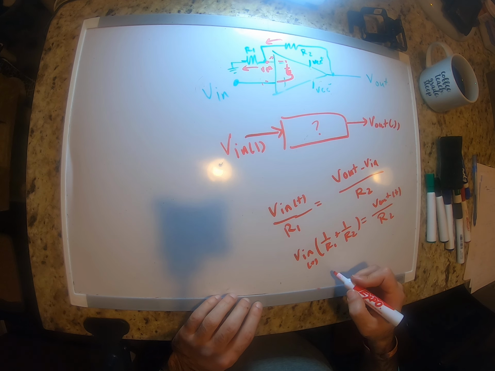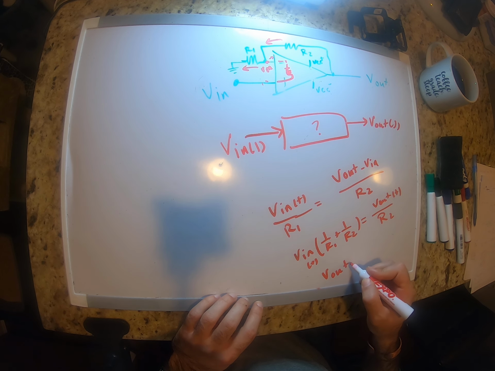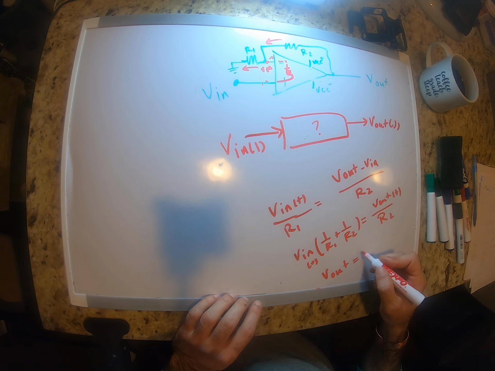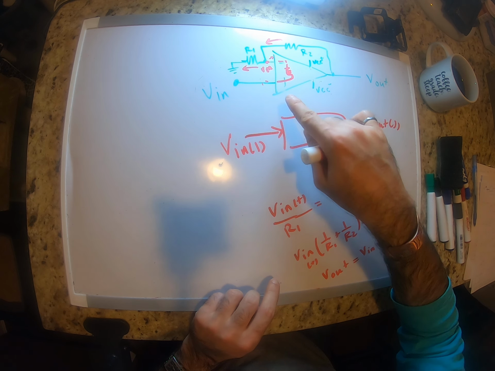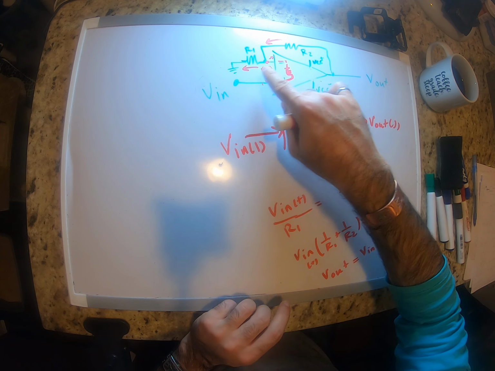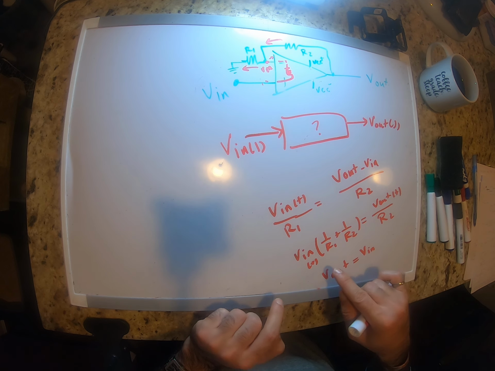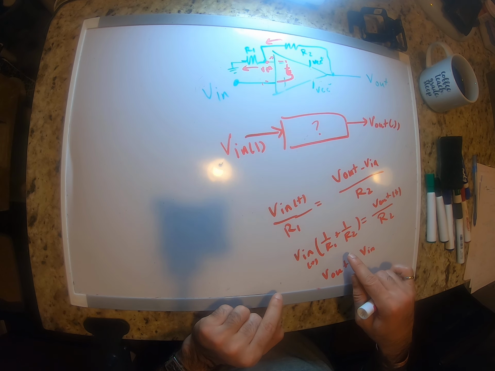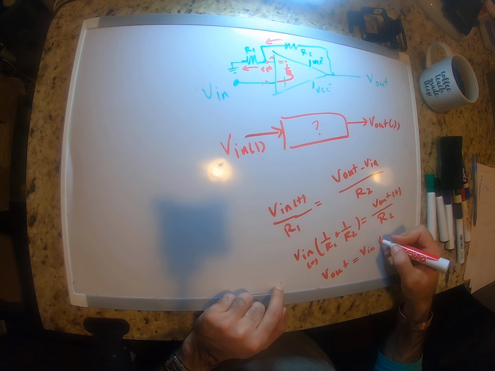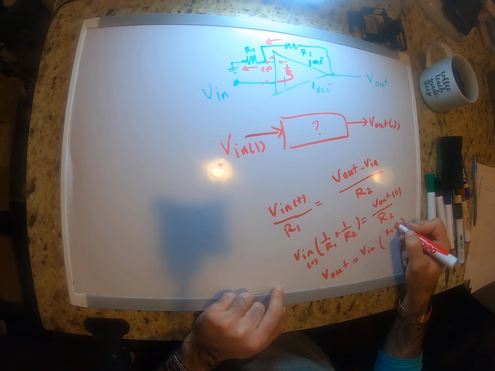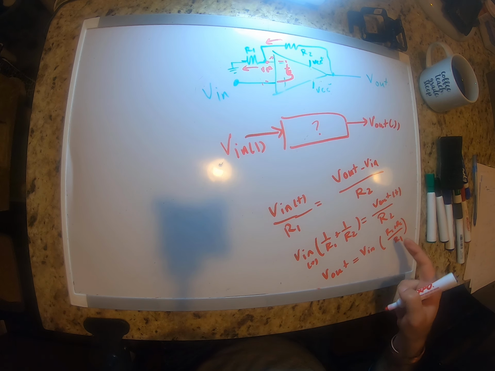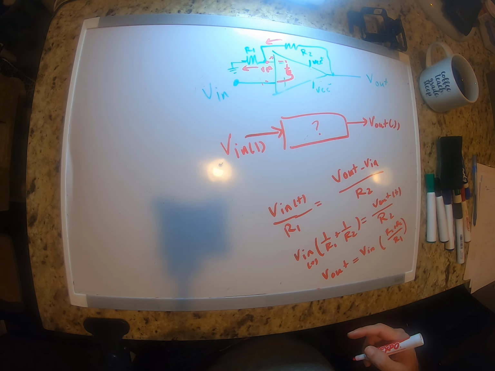Okay, so now Vout is going to be equal to Vin times (R1 plus R2) divided by R1, because the R2 terms cancel out, right? Did I do everything right?